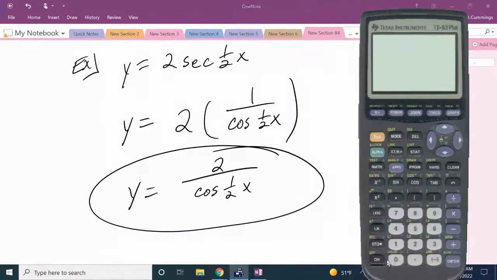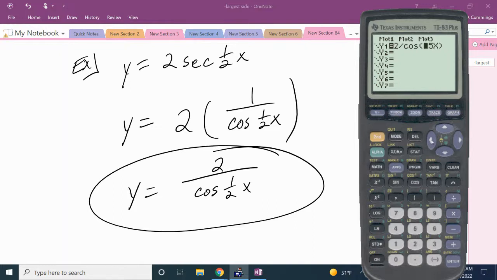All right, so I'm going to turn my calculator back on. I'm going to go to y equals. I'm going to put in 2 divided by the cosine of 1/2 x. There's a couple of different ways I can write out 1/2 x. I can write it out as 0.5 x, because 0.5 is 1/2.